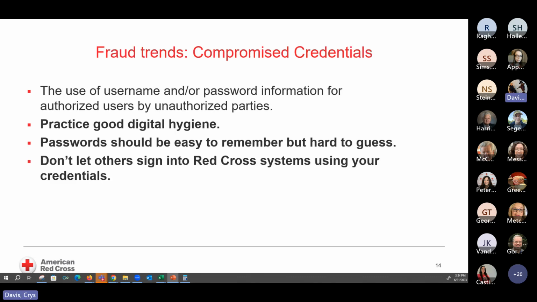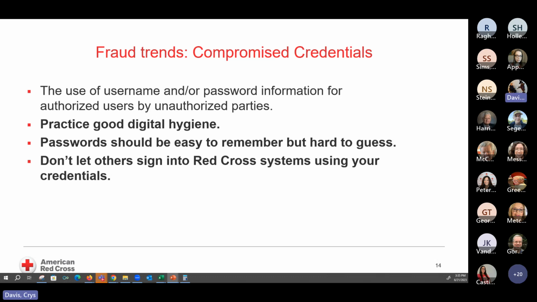Now the last one is compromised credentials. And compromised credentials is not something we deal with just a whole lot in compliance, but it's the use of username or password information for an authorized user by unauthorized parties. So I'm not going to be monitoring your digital hygiene really, but just kind of keep it in mind.